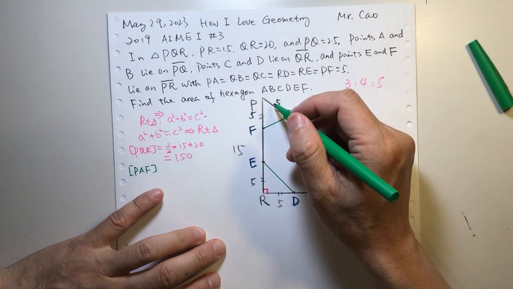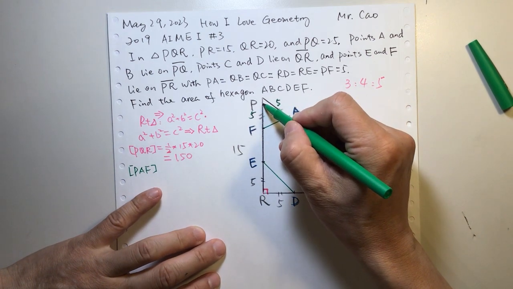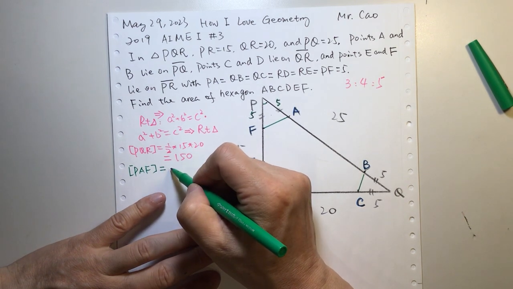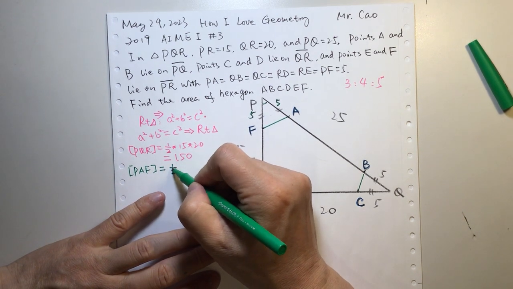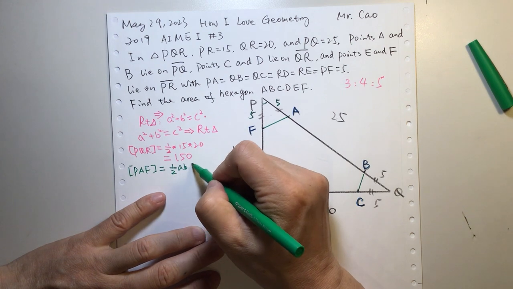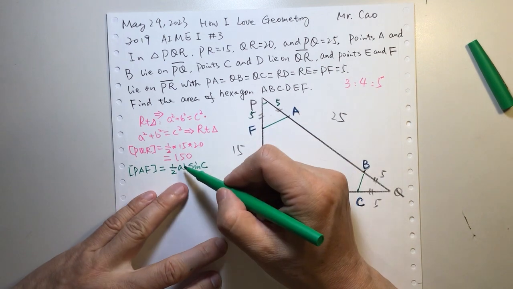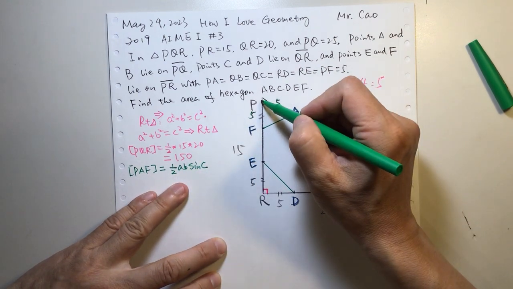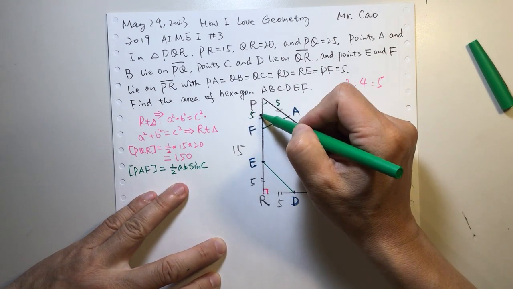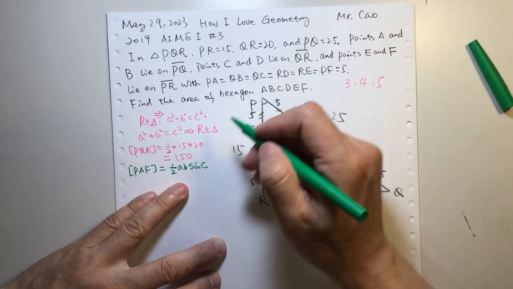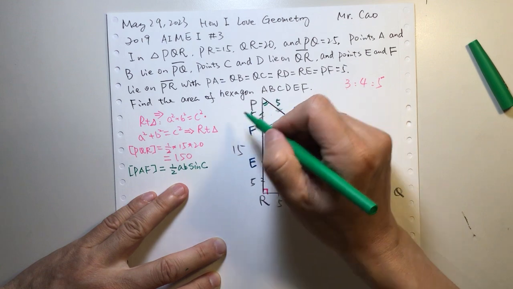And how do we calculate the area of this small triangle? There is the formula 1/2 a b sine c. It means if we view this side as a and this as b, this angle will be c.